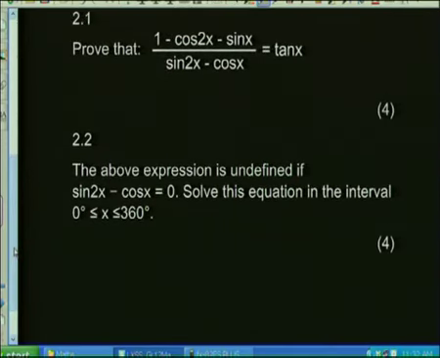Did you notice that our sine 2x minus cos x is our denominator? And correctly so, the expression would be undefined, i.e. there would be no true value, because it's our denominator, and we know that our denominator is not allowed to be equal to 0.